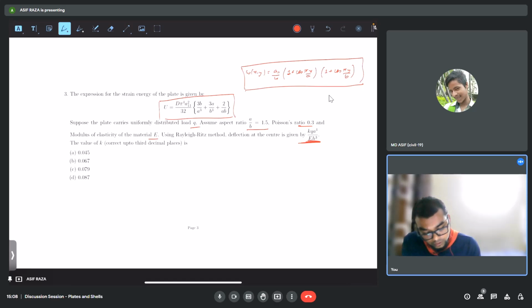So what would be the work done by the external load? It will be the integral of q w(x,y) dx dy, where x is from minus a to a and y is from minus b to b.